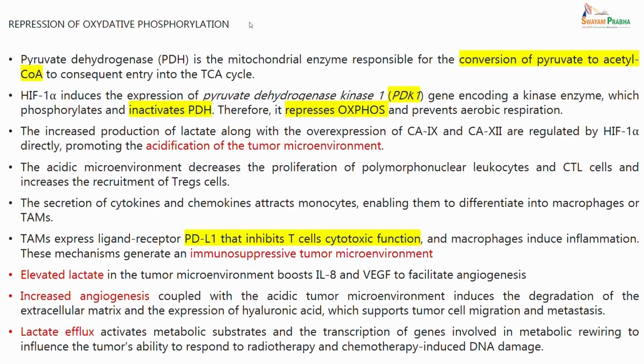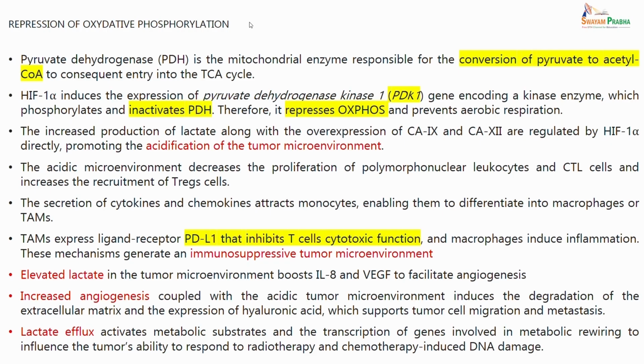Increased production of lactate. So, this increased production of lactate in turn, along with overexpression of proteins like carbonic anhydrase 9 and carbonic anhydrase 12, are also regulated by HIF1 alpha directly, and therefore this also promotes acidification of the tumor microenvironment.